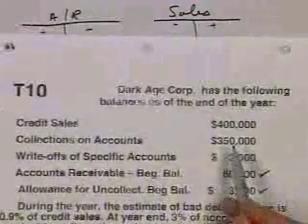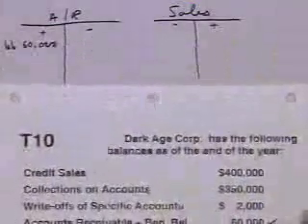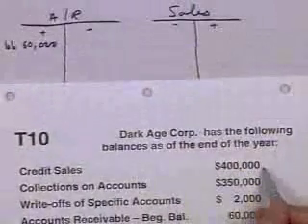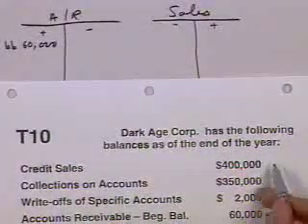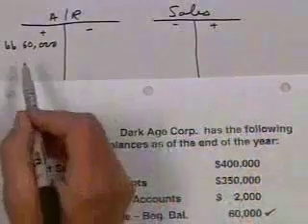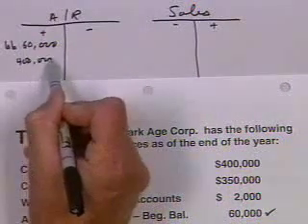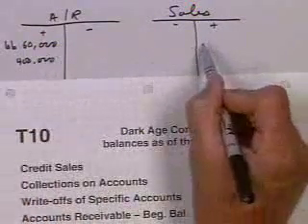Collections on account, $350,000. What that means is we recorded some sales. So let's record sales. What entry would have been used to record sales? The answer is we would have debited accounts receivable for $400,000 and credited sales for $400,000.